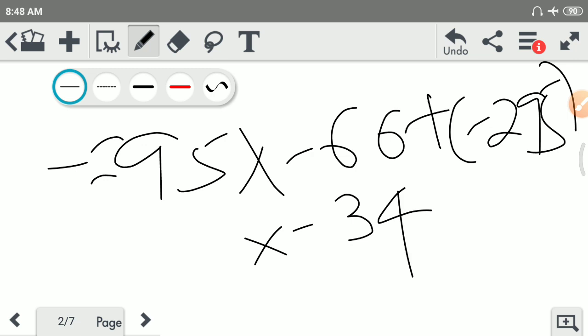Okay, now you see which number is common in both places: minus 295. Here also you have to take 295 as common, then add minus 66 and minus 34, then you will get the answer. I hope you understood, and the rest of the questions you have to do yourself.